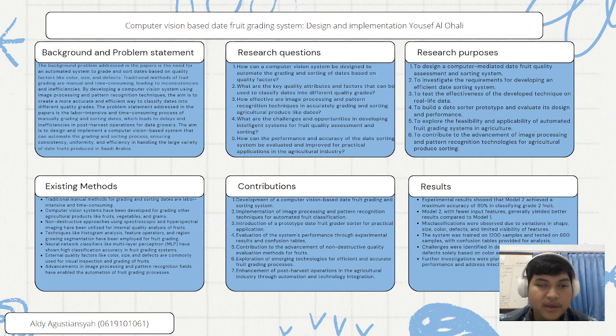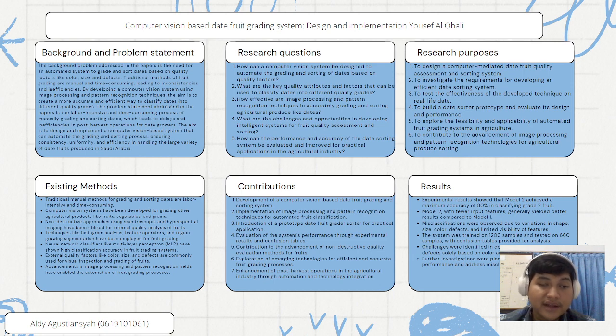Non-destructive approaches using spectroscopic and hyperspectral imaging have been utilized for internal quality analysis of fruits. Techniques like histogram analysis and neural network classification like multi-layer perceptron (MLP) are used.